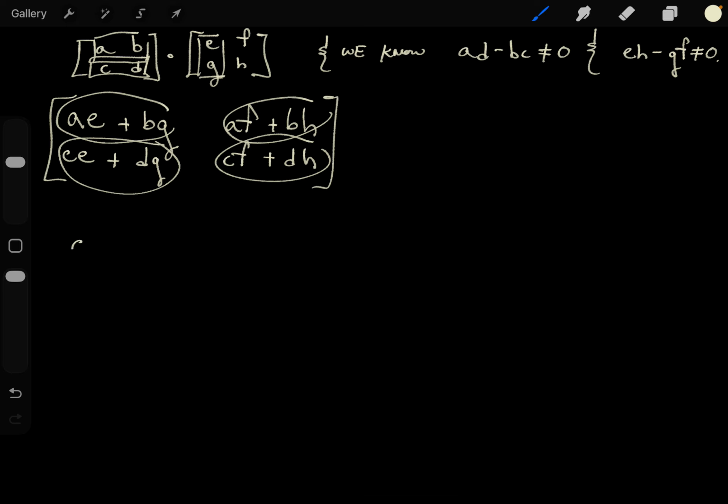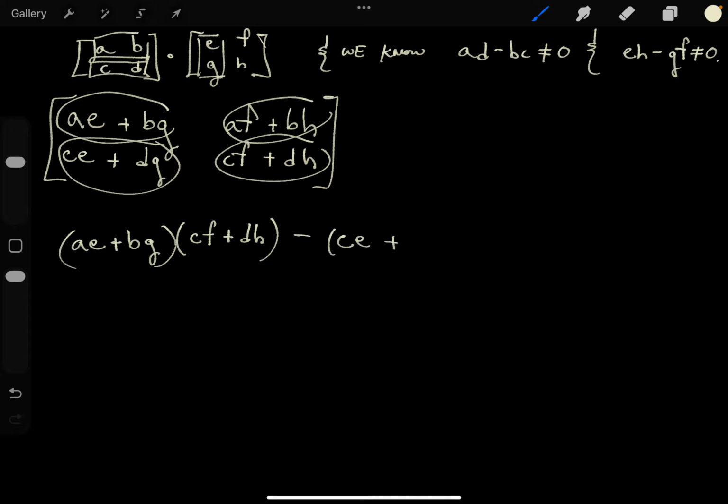So let's see, (AE plus BG) times (CF plus DH) minus (CE plus DG) times (AF plus BH). I want to prove that it does not equal 0.